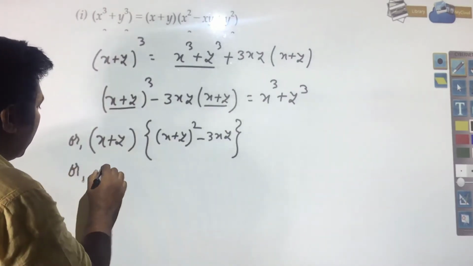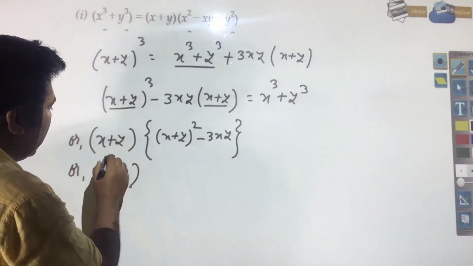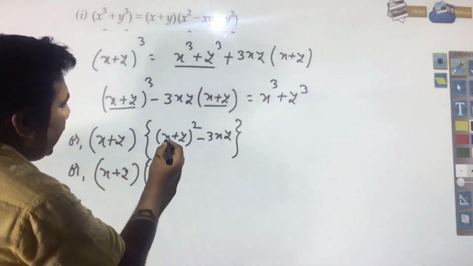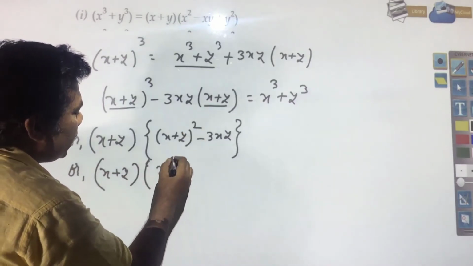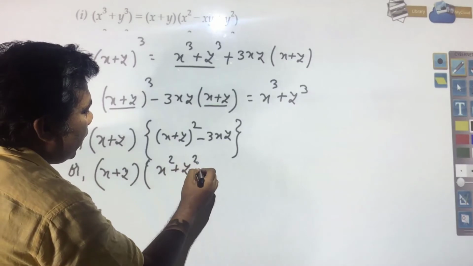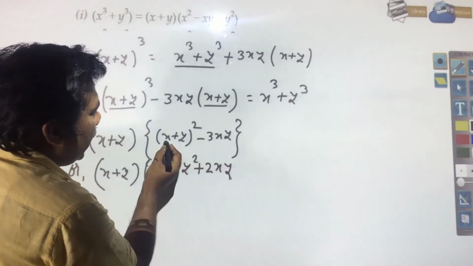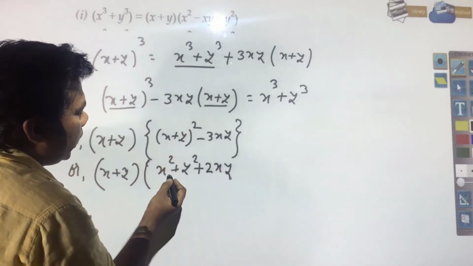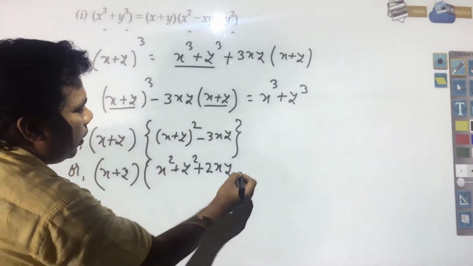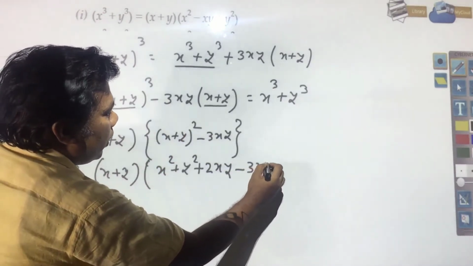Now, x plus y whole square means x square plus y square plus 2xy, since a plus b whole square is equal to a square plus b square plus 2ab, then minus 3xy.